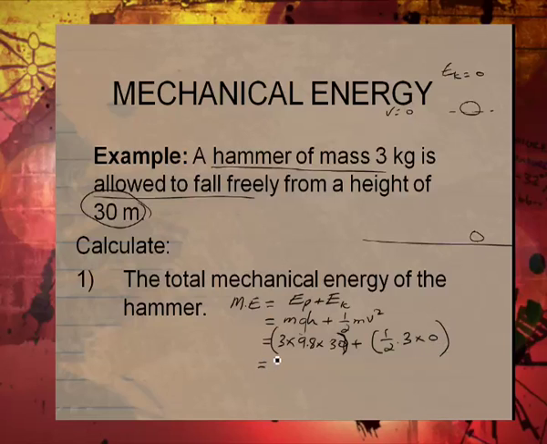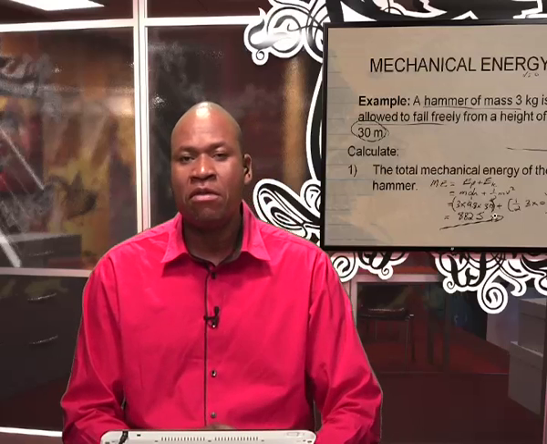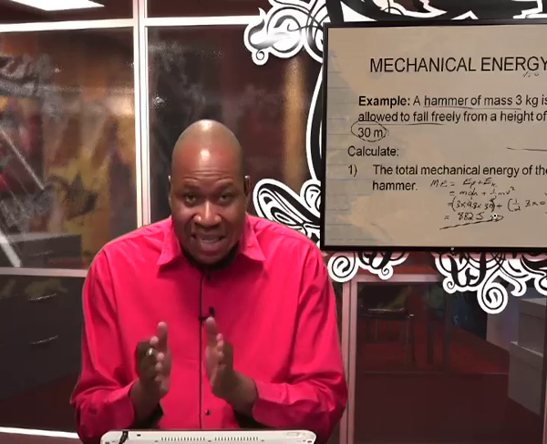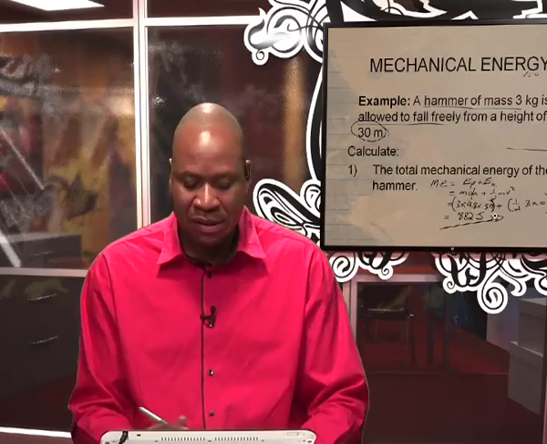So all its mechanical energy is given by the potential energy. That will be 3 times 9.8 times 30, and that gives us 882 joules. That is the total mechanical energy of this hammer.